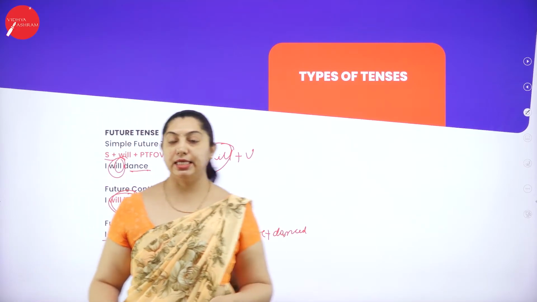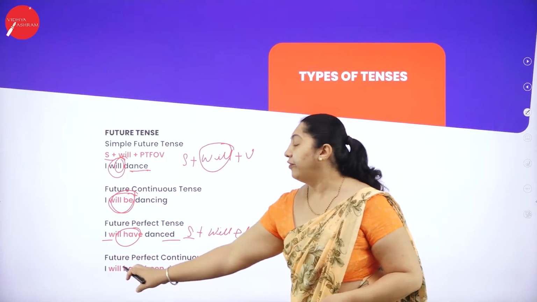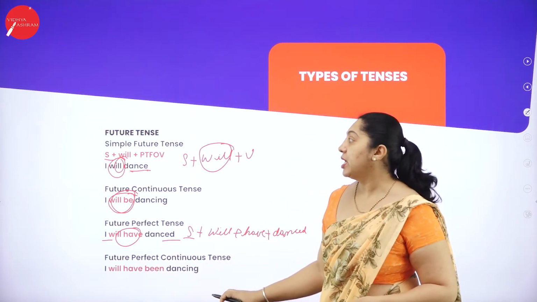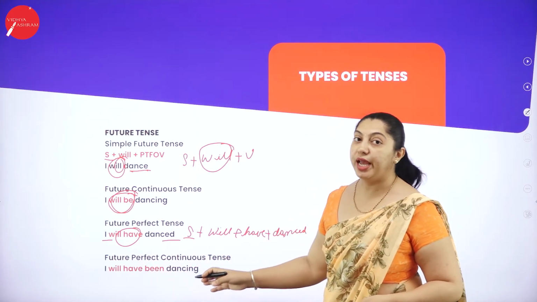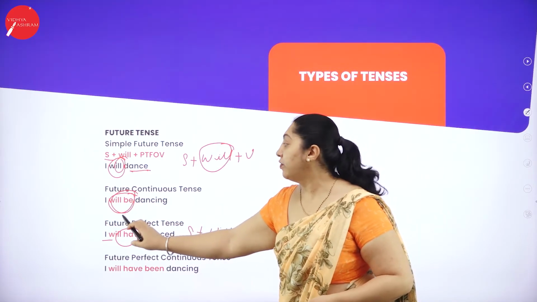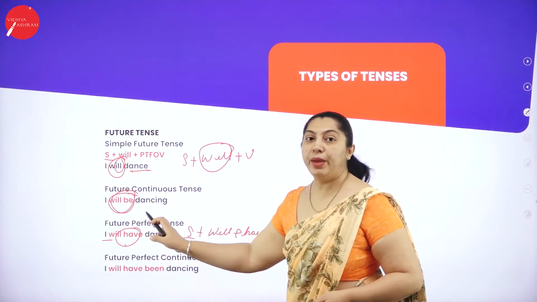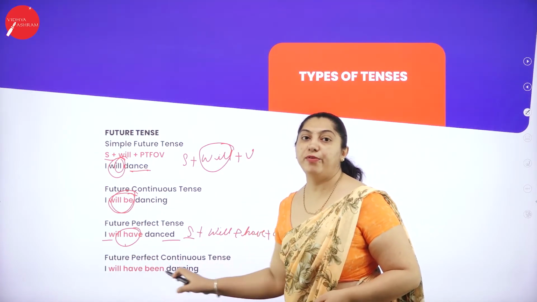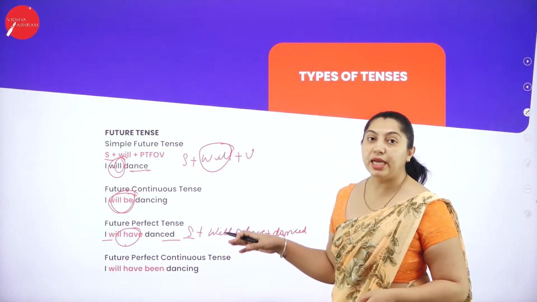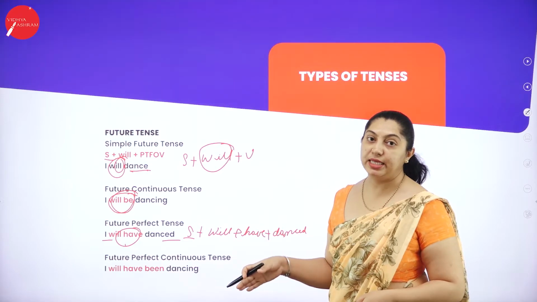And the last tense is your future perfect continuous tense. I will have been dancing. So here in the future tense, you can see for all the tenses, the word will is added here. Will be, will have been. So these are the three tenses and the subdivision of these tenses.